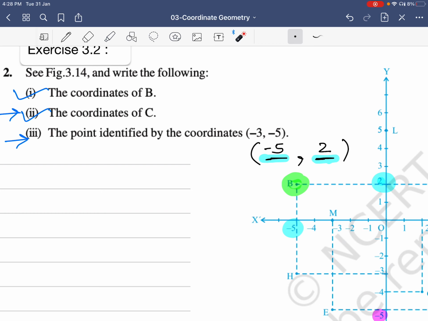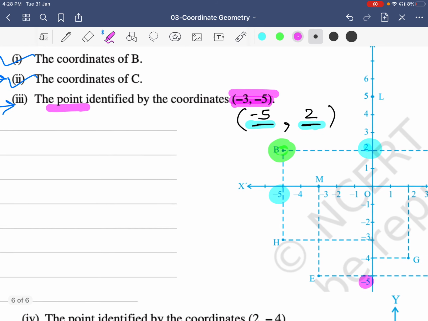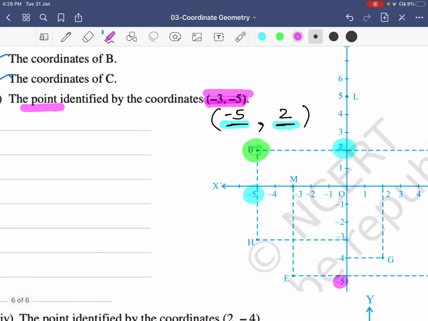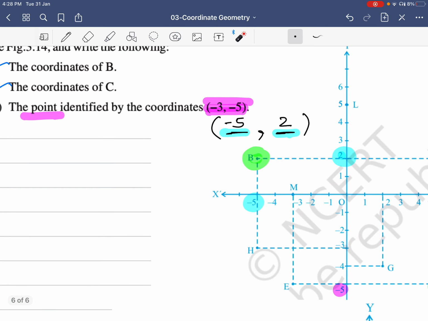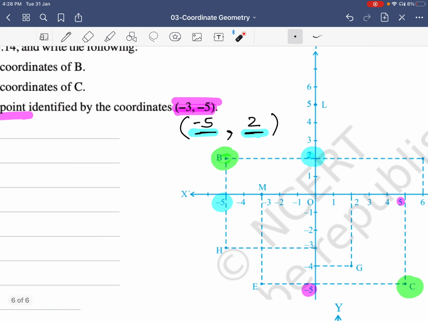We have to find the point which has these coordinates, -3 and -5. Once again, -3 is the x coordinate. So this is my -3, which will be on the x-axis. I'm going to use a highlighter. So this is -3 on the x coordinate and -5 on the y coordinate.